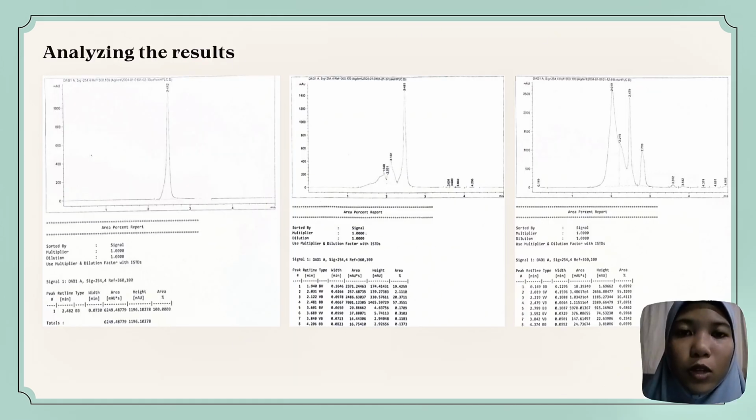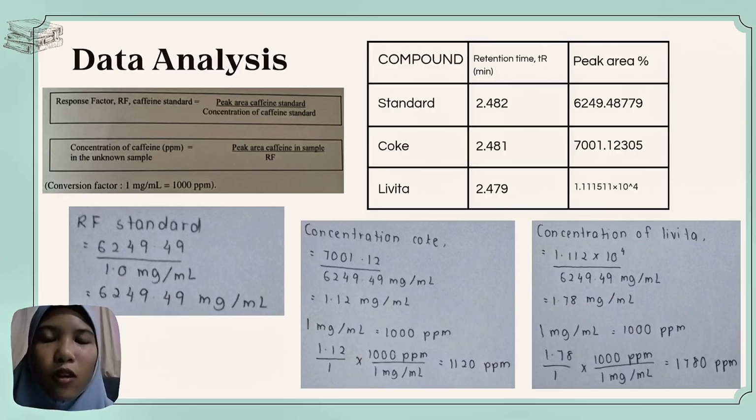For the result part, we have 3 chromatograms, which are the standard solution chromatogram, the chromatogram for Coke, and also the chromatogram for Levita. From the chromatograms, we got the retention time in minutes and peak area in percent for each compound. For the standard compound, we got 2.482 minutes retention time and 6249.48779%.